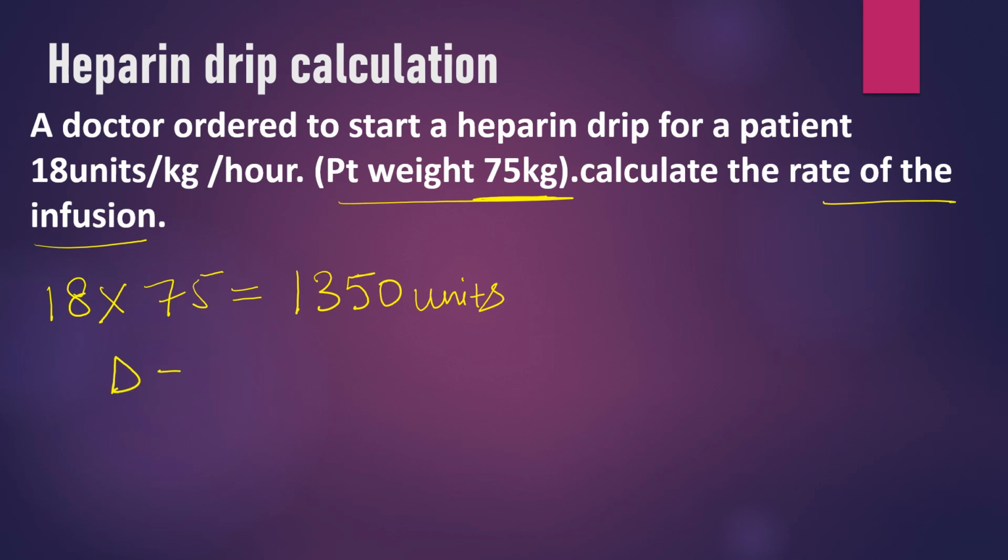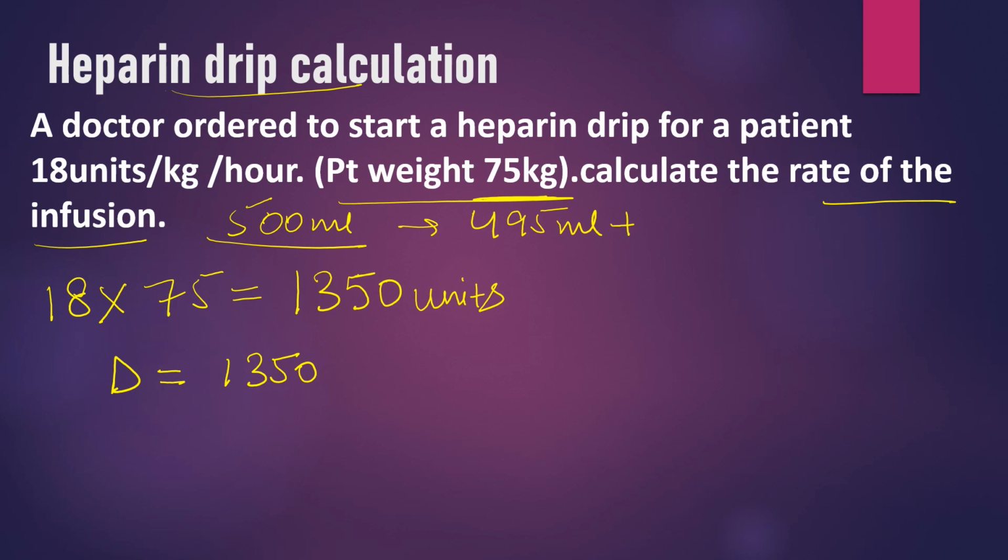So the desired amount to be administered is 1350, and to make heparin drip we use 500 ml of normal saline. So what we will do, we will keep 495 ml of saline and add 5 ml of heparin in it to make the drip. Okay, so the total quantity will be 500 ml.